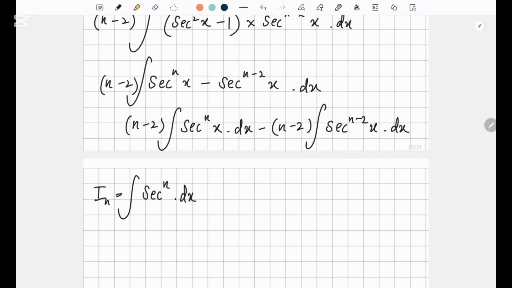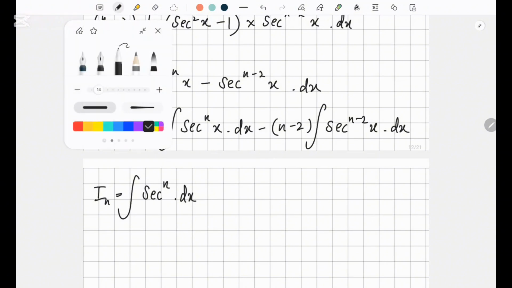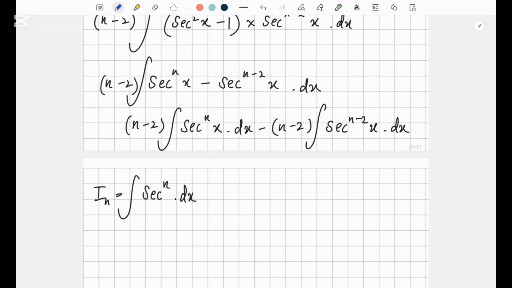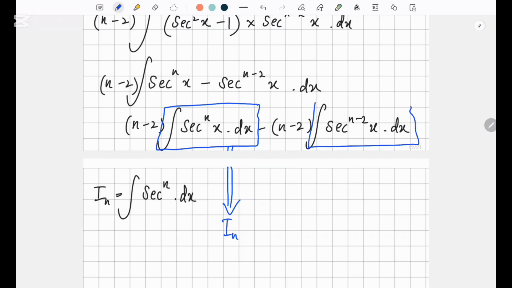Let me just change the color so you guys don't get confused. So what would this be? That's I_n, right? If I just draw this, that's I_n. What would this be? Any ideas? This would be I_(n minus 2), right?